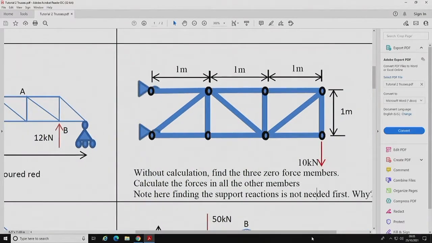So this is problem number 4. Without calculation, find the 3 zero force members. I think that's quite an important problem, so let's do that.